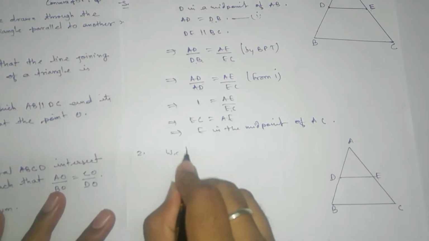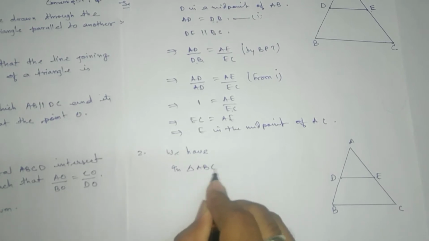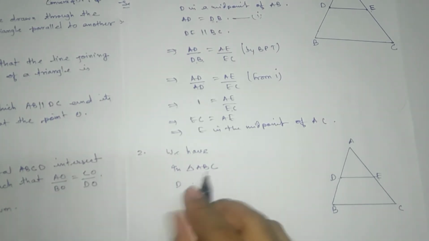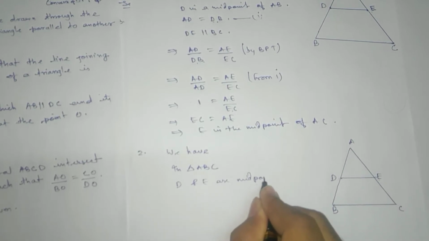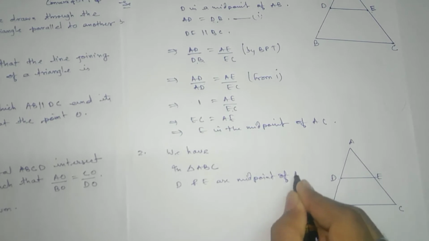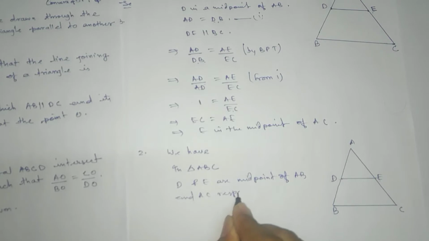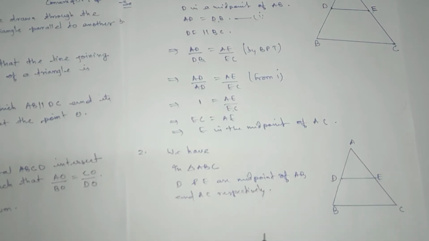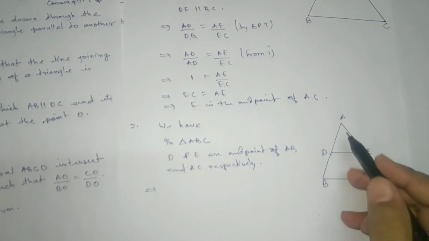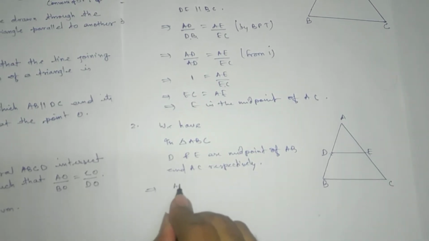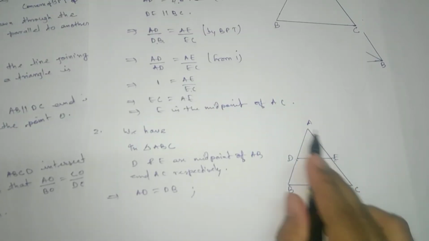So let's see what we have. In triangle ABC, D and E are midpoints of AB and AC respectively. This implies if D is the midpoint of AB, then we can write AD equals DB, and E is the midpoint of AC.